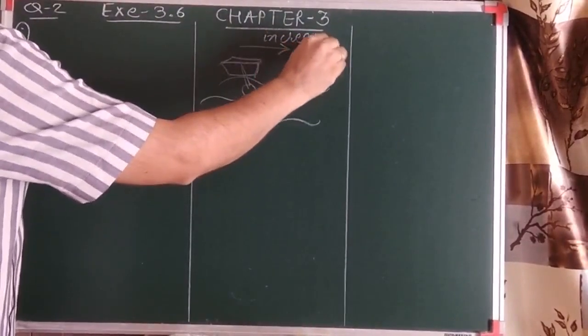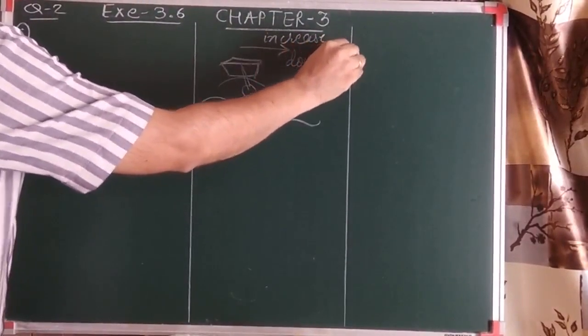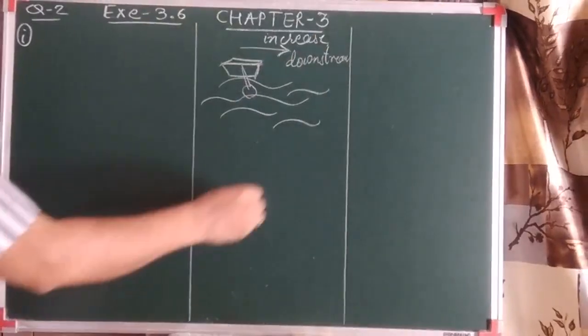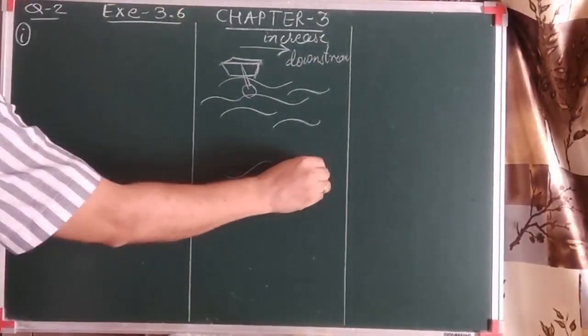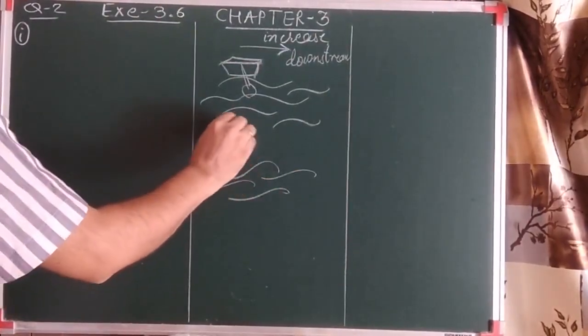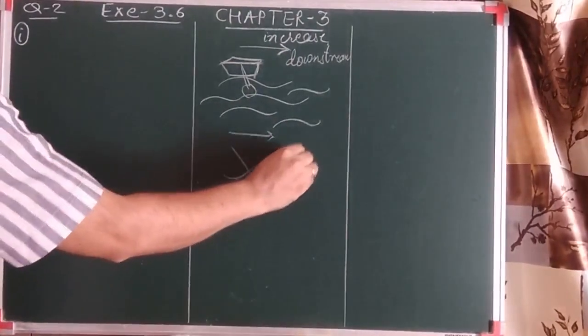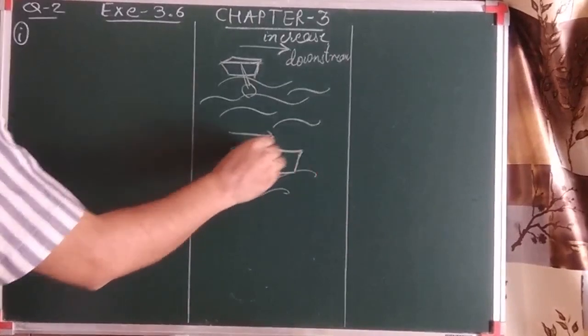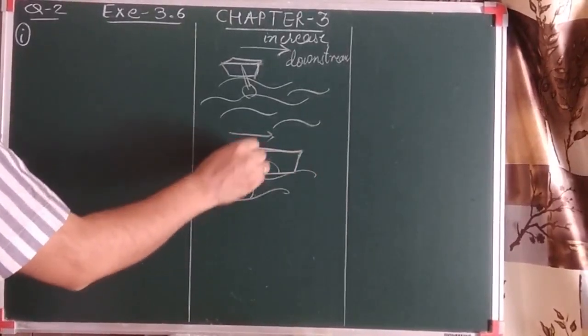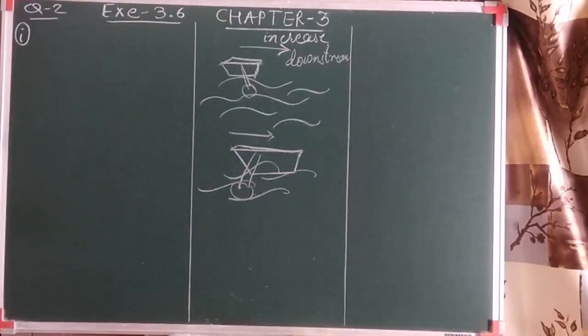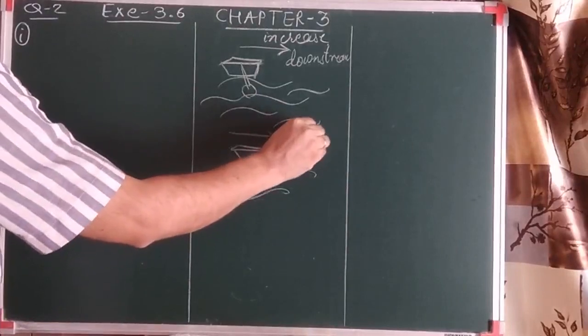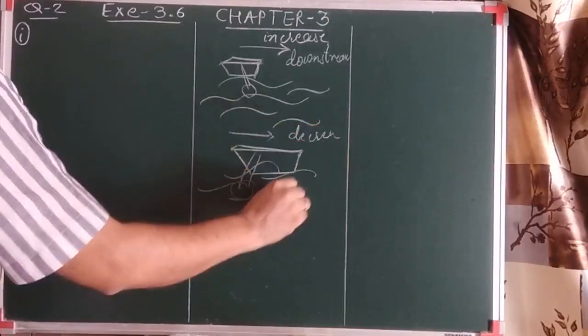When you are going downstream, that means you are going with the flow of the river or the flow of the current. The same way, the flow is in this direction, but when you come in the opposite direction, remember your speed decreases, and this is called upstream.